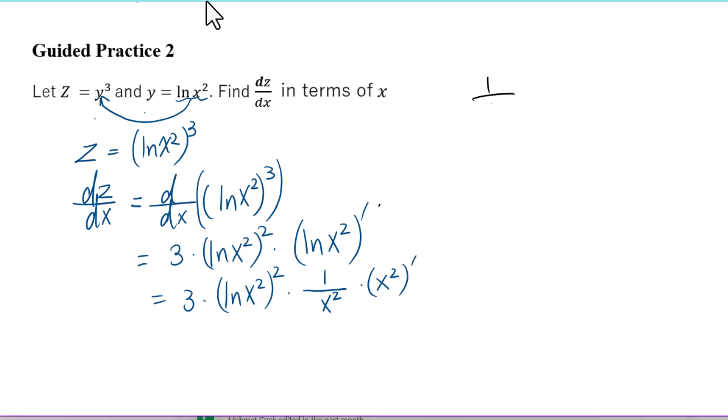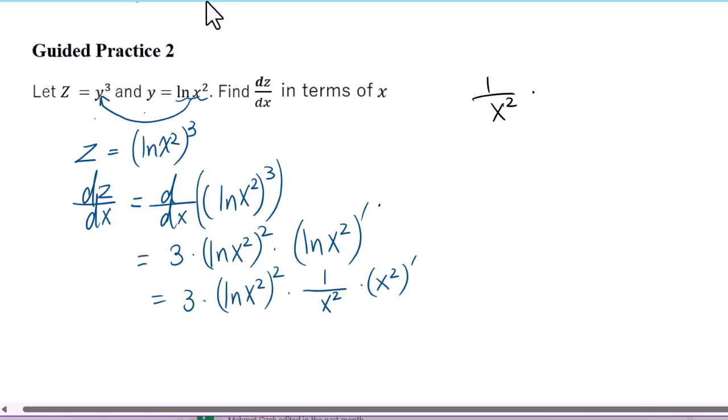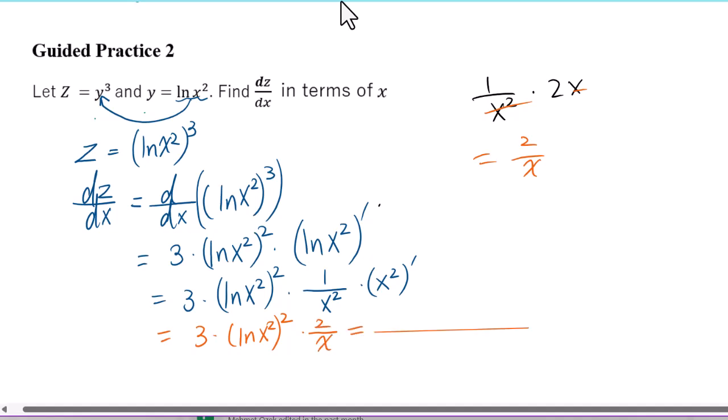We know 1 over x squared times x squared prime is 2x. Reduce, 2 over x, equals 3 times natural log of x squared times 2 over x. Organize x as denominator. 2 times 3 is 6 times natural log of x squared.